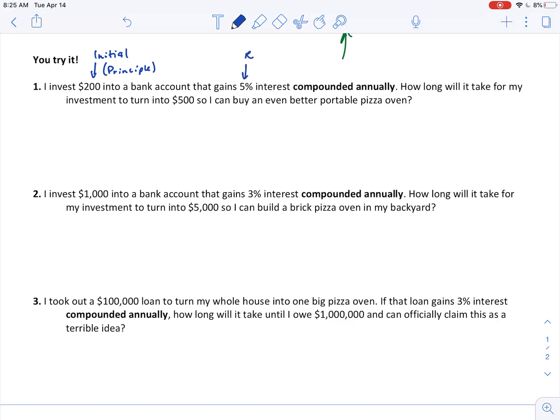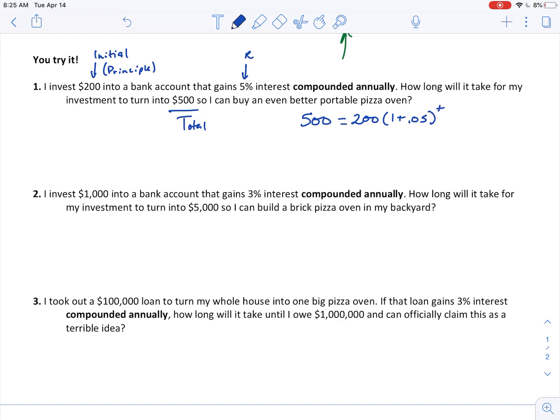So this is my initial or principal amount. That gains 5% interest, which is my rate, compounded annually. And how long will it take for my investment to turn into $500 so I can buy an even better portable pizza oven?